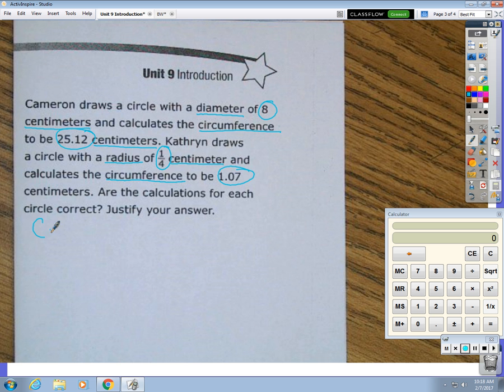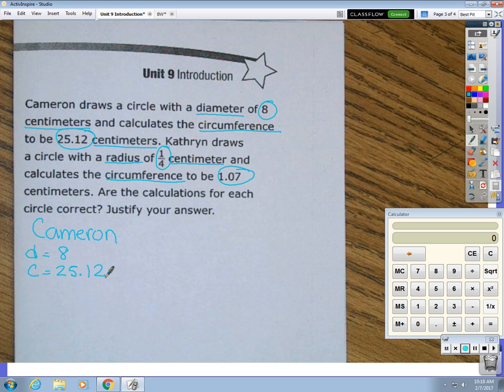Okay, so here we have Cameron. Cameron has a diameter of 8 and a circumference of 25.12. Okay, so you can use the equation 25.12 equals 3.14... Well, it's saying are the calculations for each circle correct?